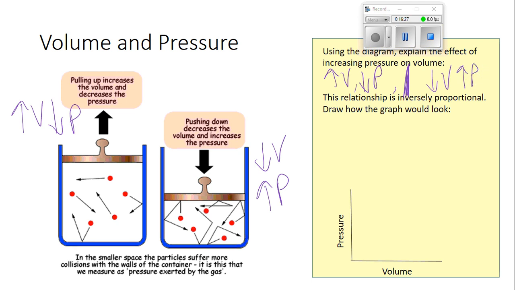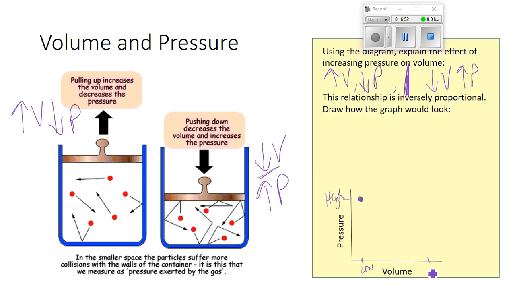Those are my relationships. And I know usually I write those out as words, but I'm doing increasing and decreasing as arrows. Okay, so now I want us to think about how this graph would look. All right, when I have a really low volume, so over here I had a really low volume, I had a lot of pressure. So my point on the graph has to be up here, high pressure.